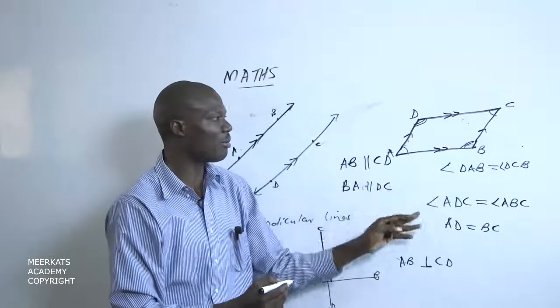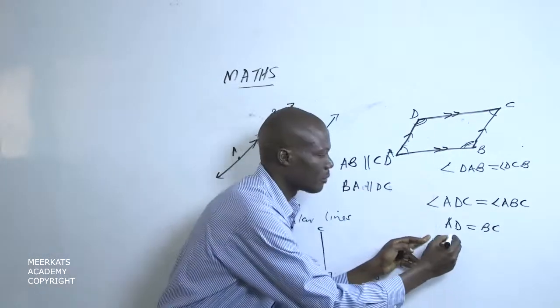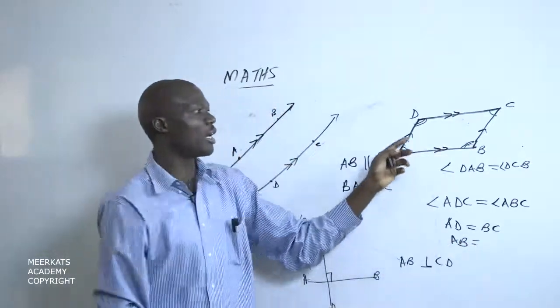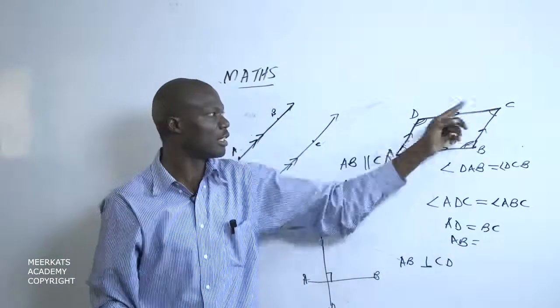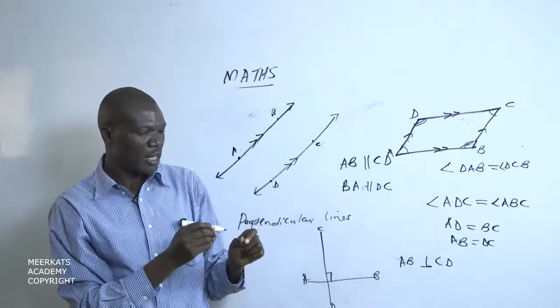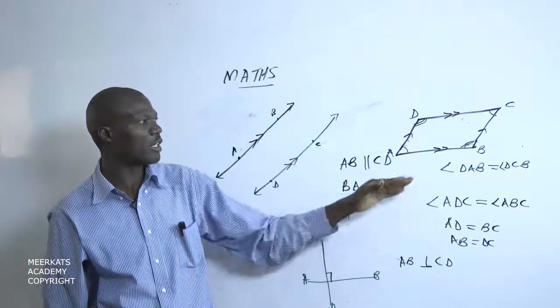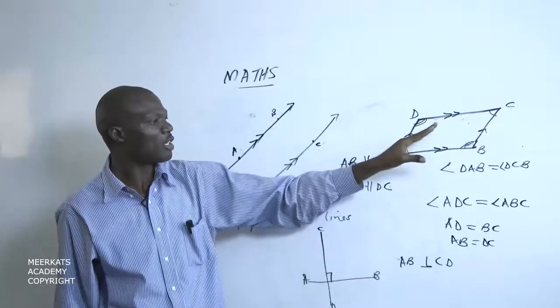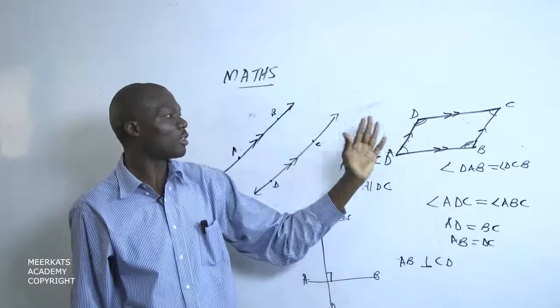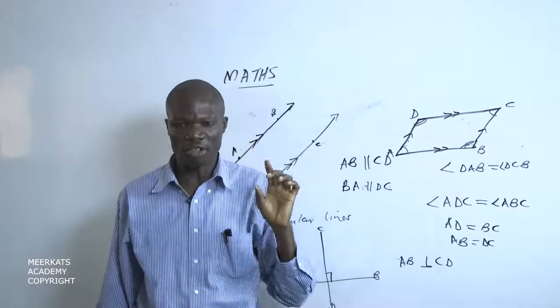And at the same time, the line AB is equal to the line DC. So that is simply showing us that a parallelogram has two opposite sides equal and two opposite angles equal.